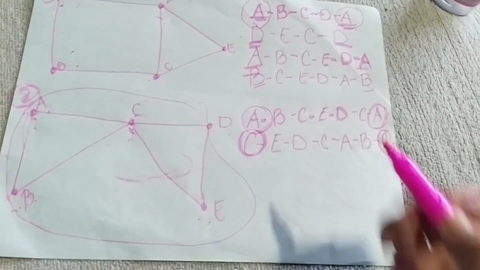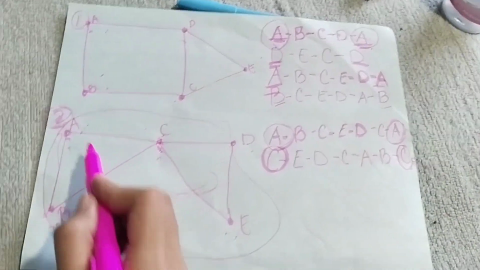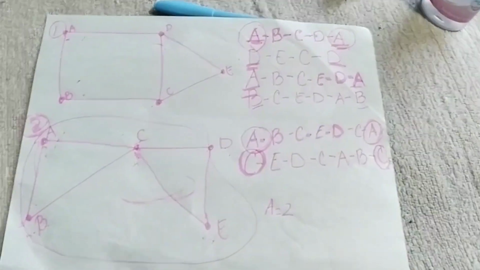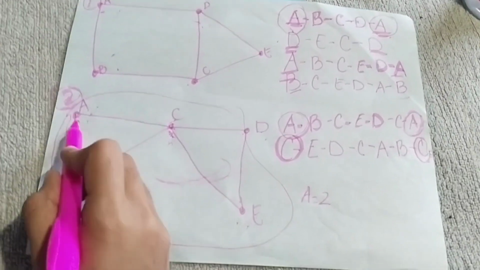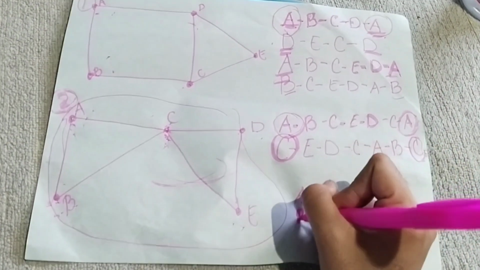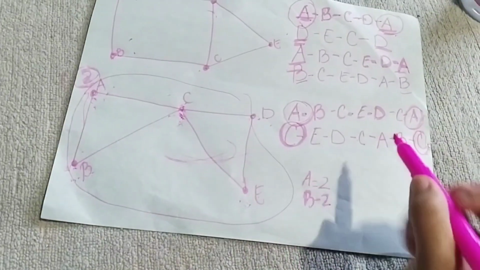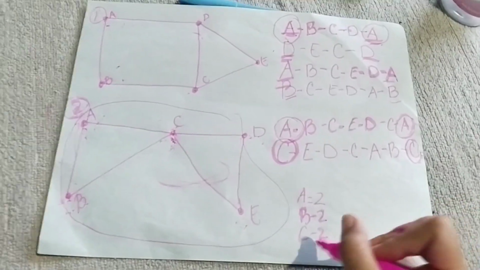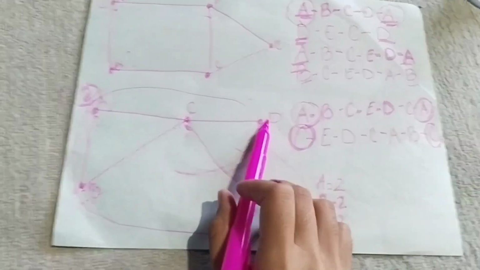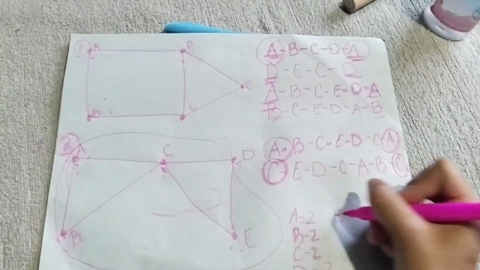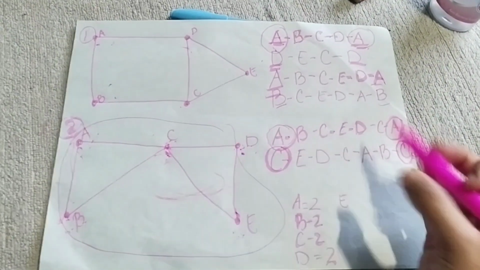In A, we have A to C and A to B, so A equals 2. For B, it has B to A and B to C, so it also has 2. For C, it has C to D and C to E, also 2 degrees. D has D to C and D to E, so 2. And E also has 2.